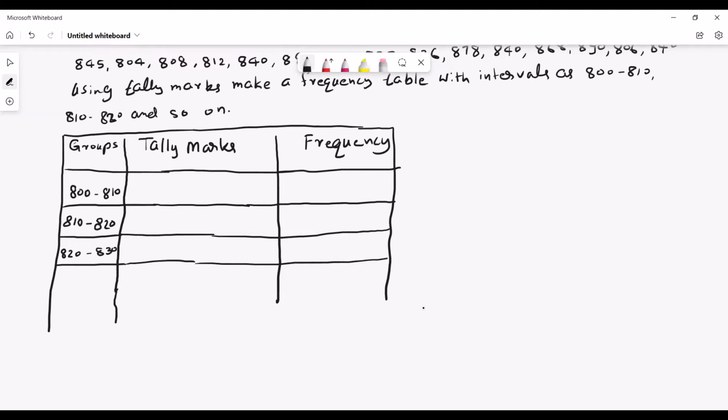The next will be 830 to 840. Then another will be 840 to 850.